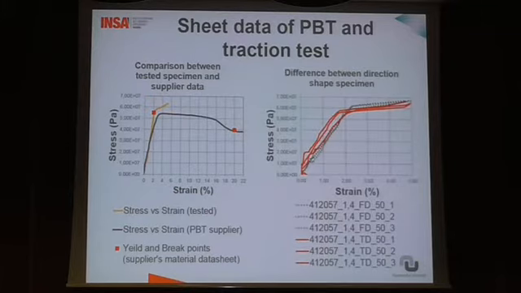And regarding the anisotropic behavior of the specimen, we don't find a lot of difference between both directions. So we can say that in this condition, we have an isotropic material.